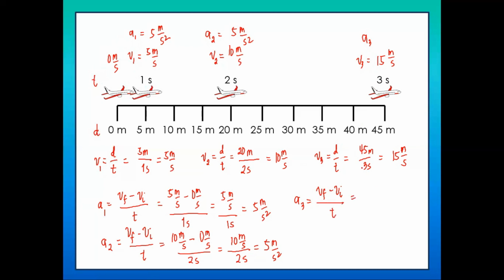Over T. So 15 meter per second minus 0 meter per second over 3 seconds. So our answer here, deduct this, divide by 3, 15 meter per second divided by 3 seconds, we have 5 meter per second squared. So that is for our third acceleration, 5 meter per second squared.